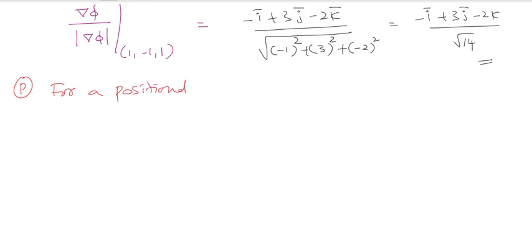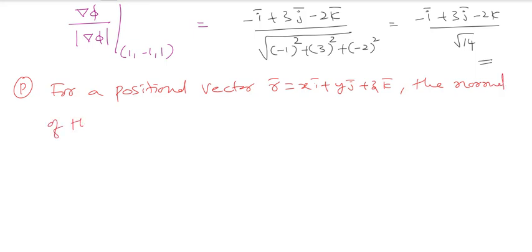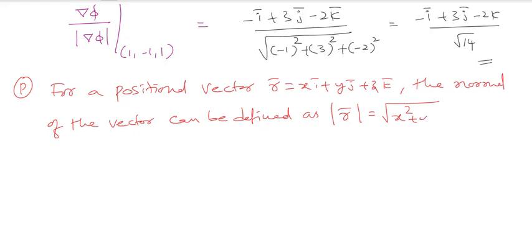For a positional vector r bar is equal to x i bar plus y j bar plus z k bar, the normal of the vector can be defined as mod r bar is equivalent to root of x square plus y square plus z square.